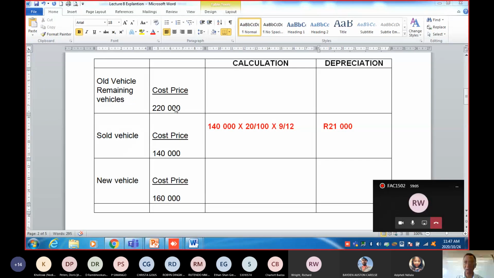To calculate the depreciation on the remaining vehicles will be 220,000 at 20% per annum. And we had that for the entire financial year, so we account for 12 months depreciation on that. The depreciation expense on our old vehicles, our remaining vehicles, is therefore 44,000 Rand.